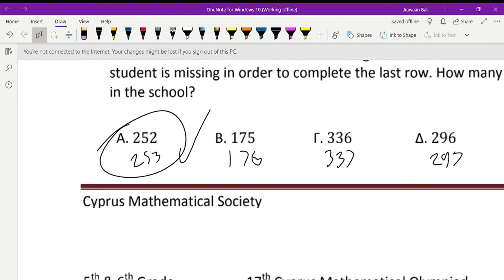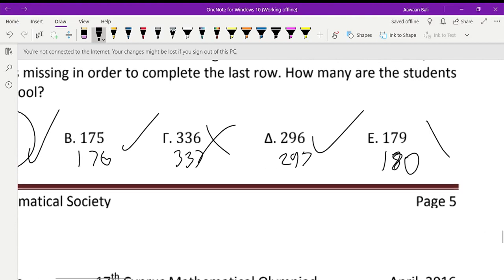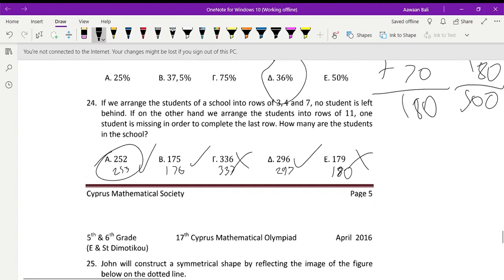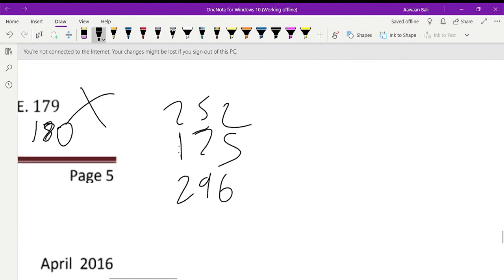That counts for alpha, and also for beta, not here, here, and not here. So now we just have to check the divisibility rules for each of them. So we got 252, 175, and 296. Okay, these are the numbers.